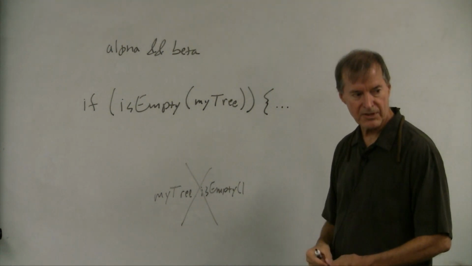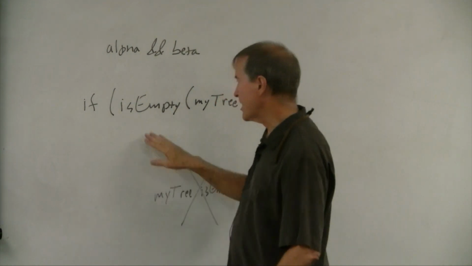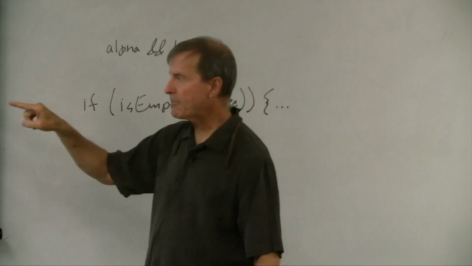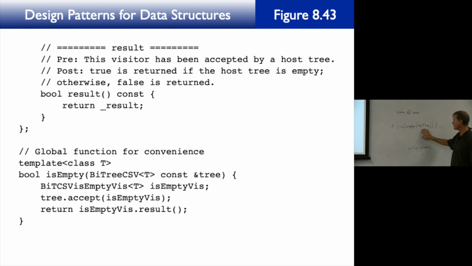It's a global convenience function, right? And so when we say if is empty, what happens? We call is empty, and then this is like my tree. So what is this saying? My tree would be the what? Which parameter, actual or formal? Actual, and tree is the formal parameter.